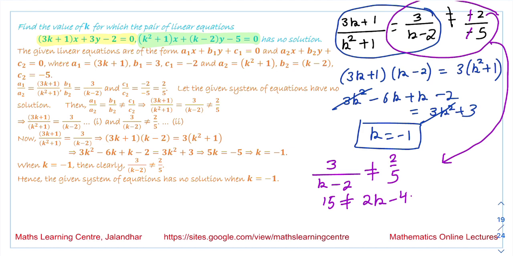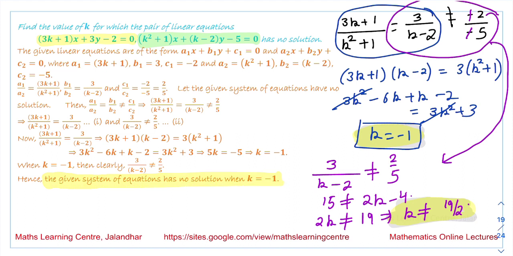So we get 2k should not be equal to 19, which implies k should not be equal to 19 by 2. So k is equal to minus 1 satisfies this condition also. So the given system of equations has no solution when k is equal to minus 1.